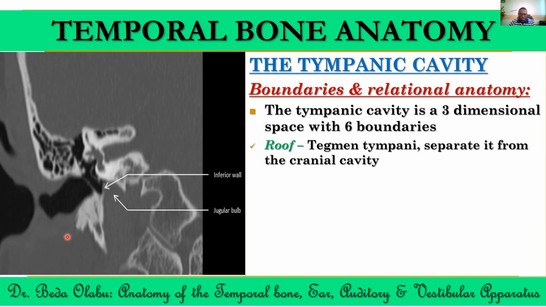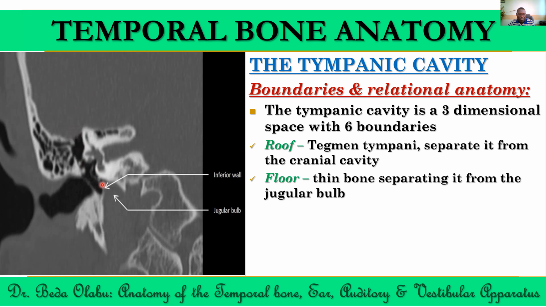Let's begin with the roof. The roof, which is the upper part, is this thin bone, which we call tegmen tympani. This tegmen tympani separates the middle ear from the cranial cavity, and in particular, the middle cranial fossa.